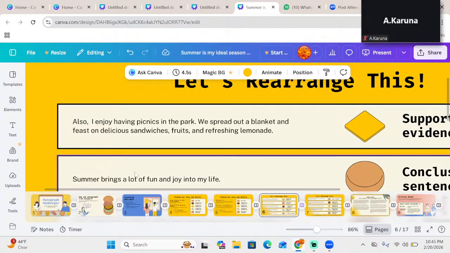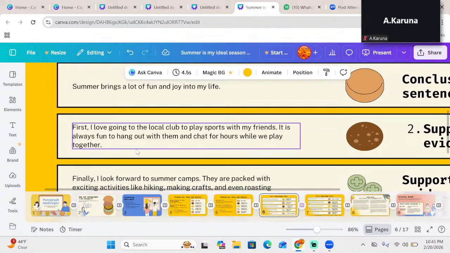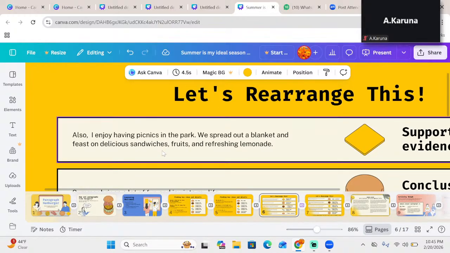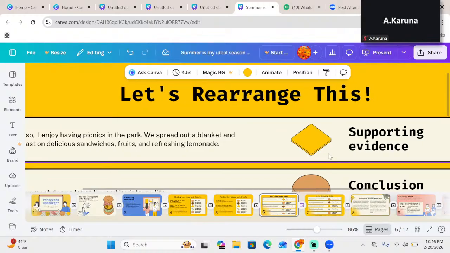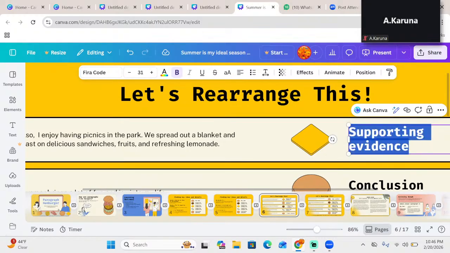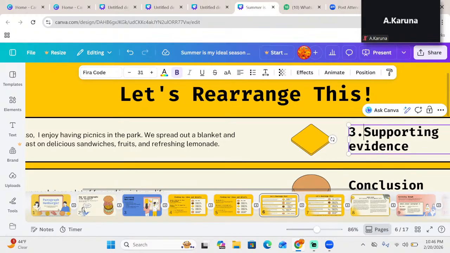This is your second supporting evidence because you know that the first word says also, so it builds off on the first supporting evidence, and it's another specific reason why he likes summer. So first, he said he likes to play in a local club, and now he's saying he likes to have picnics in the park. So this is your second supporting evidence. So this is number 3 in your burger.